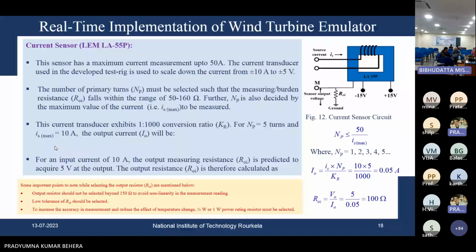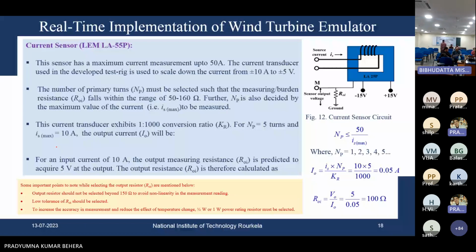Next is the design of the current sensor. We have used a Hall effect current sensor, the LEM make LA55P. This sensor has a maximum current measurement of 50 ampere, and while developing the test rig, we used this current sensor to scale down the current from plus minus 10 ampere to 5 volt, which gives a sensor gain of 2.